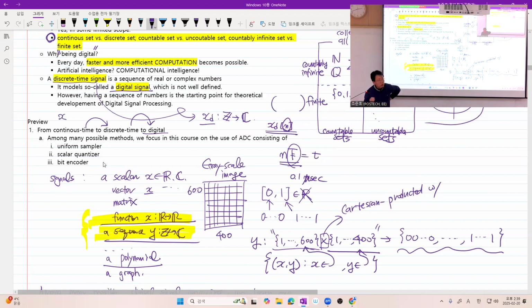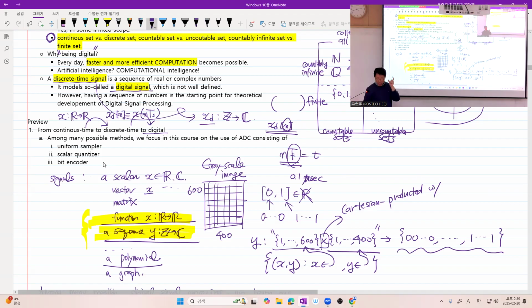Suppose you have a continuous time signal x. So it's basically a function from R into R. And we obtain our discrete time signal by just evaluating at every integer multiple of some finite fixed period, capital T sub S.